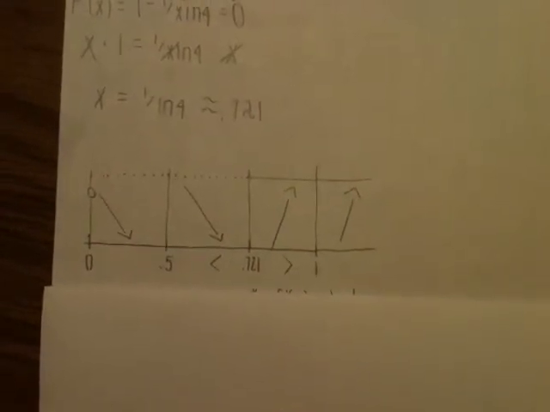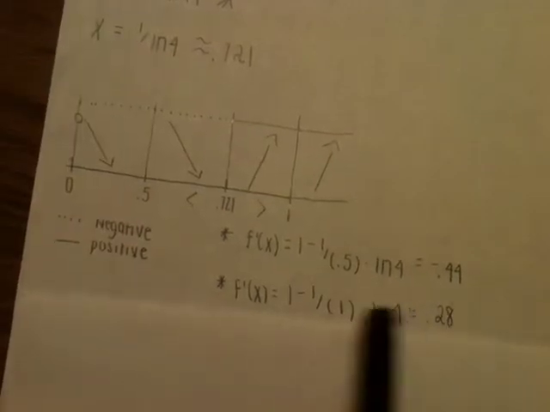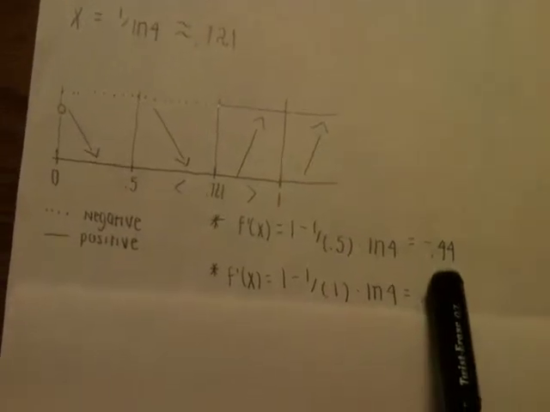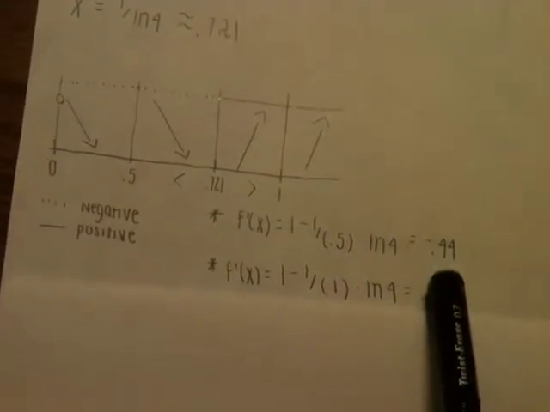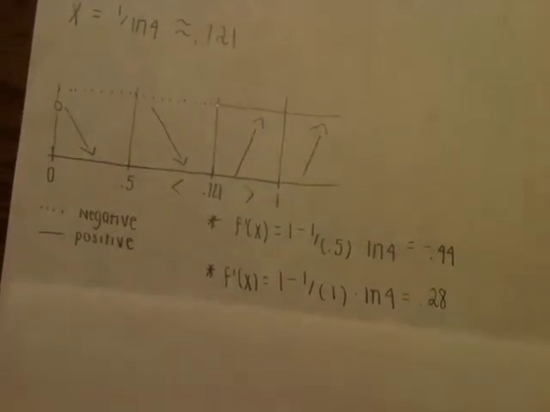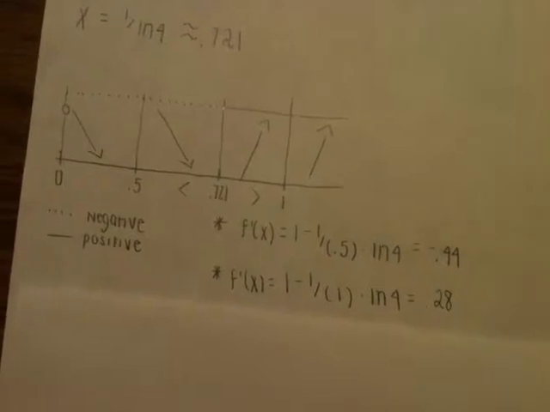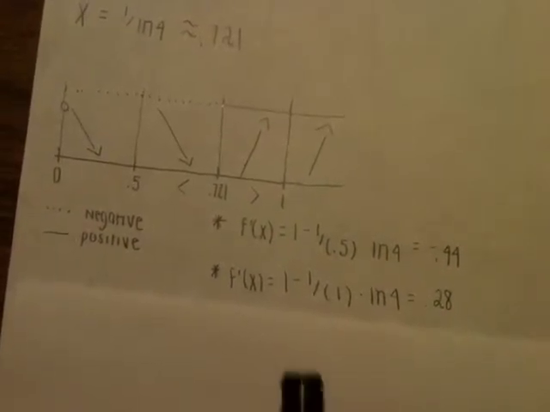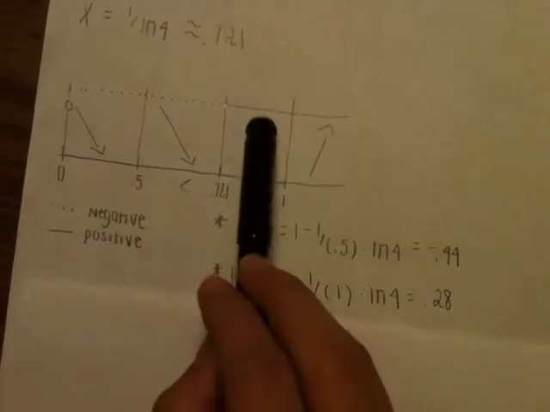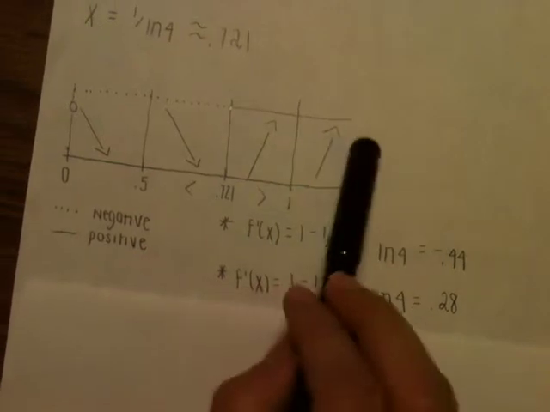To test the values less than or bigger than 0.721, you have to plug them into the first derivative. So, 0.5 gives you back a negative 0.44, and 1 gives you back a positive 0.28. That shows that values less than 0.721 is negative, causing a dotted line, and values bigger than 0.721 is positive, causing to not have a dotted line.